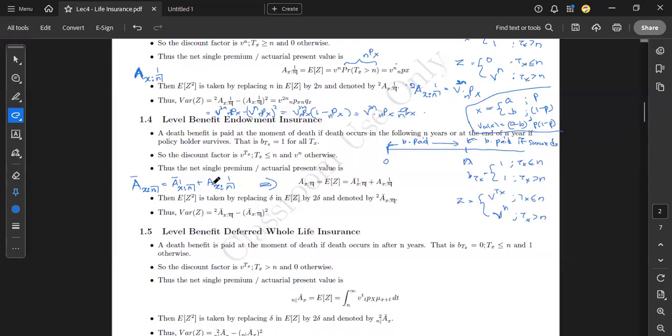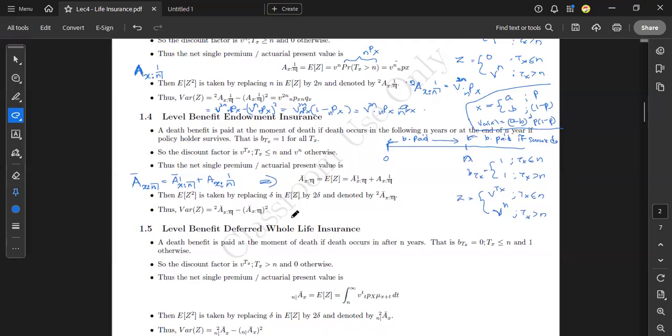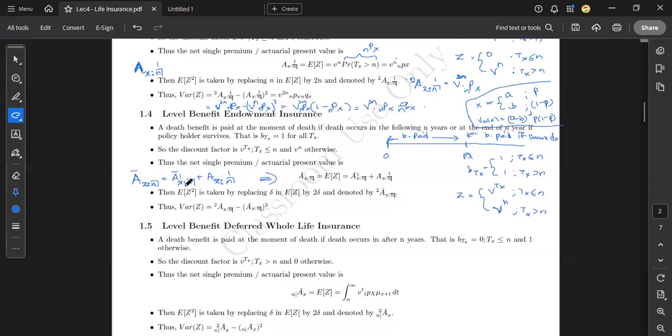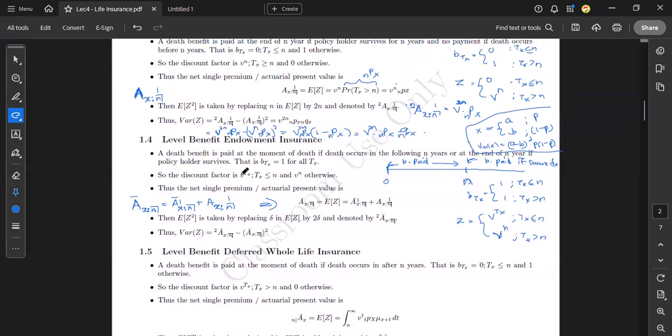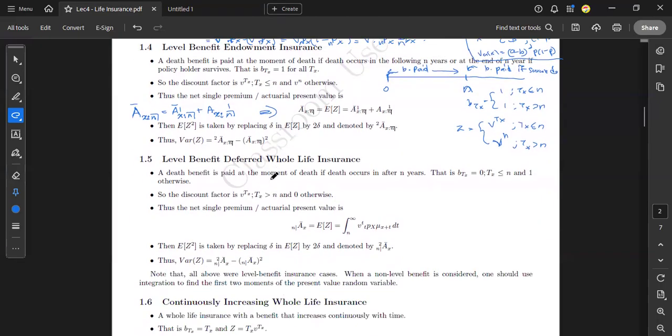So two terms, which means both terms have their unique substitutions. First part needs delta, second part needs n. So once you have the second moment, you can find the variance using those. So that is the level benefit endowment insurance.